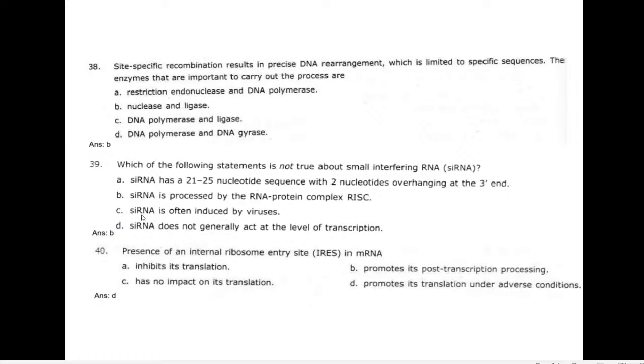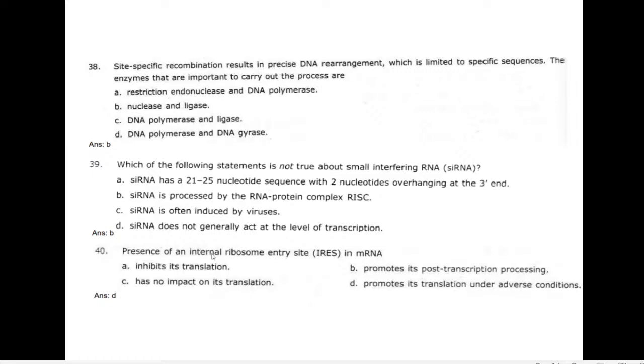Another definition is that siRNA is often induced by virus. siRNA does not generally act at the level of transcription. So the wrong answer is that siRNA is processed by the RNA DNA complex.